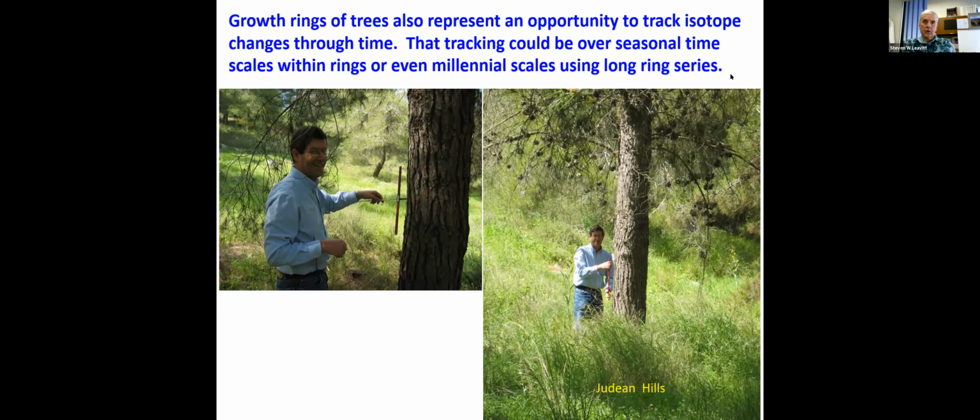You can look at the other end of the telescope and you can look at very long records. So there's millennial scale tree ring records in which isotopes can be analyzed or have been analyzed, so we can have a long view in terms of changes. This is Dan at one of the sites that we collected in that project.